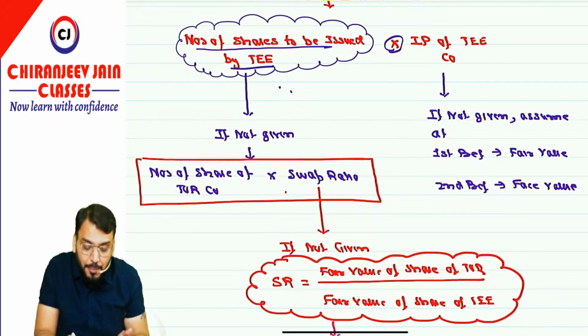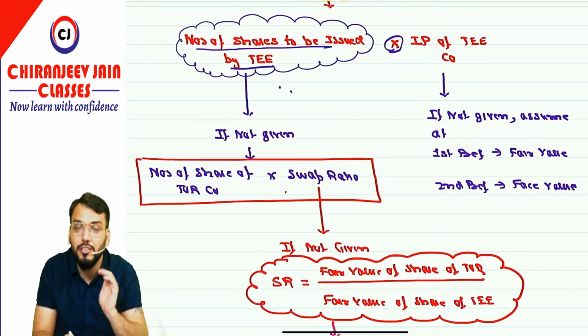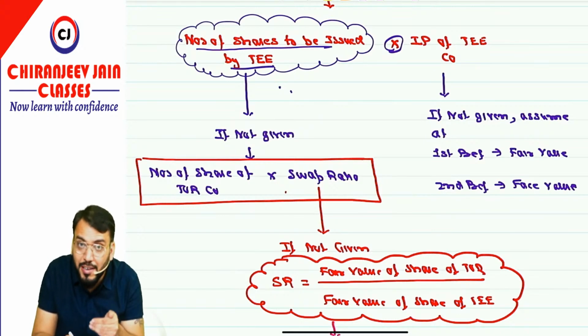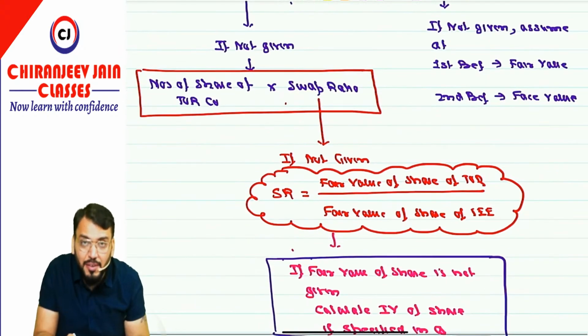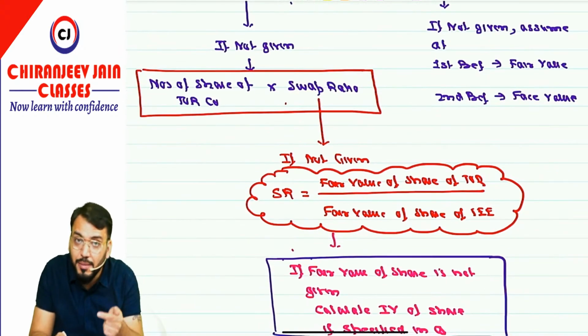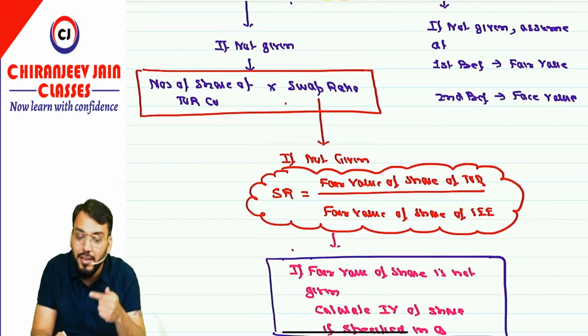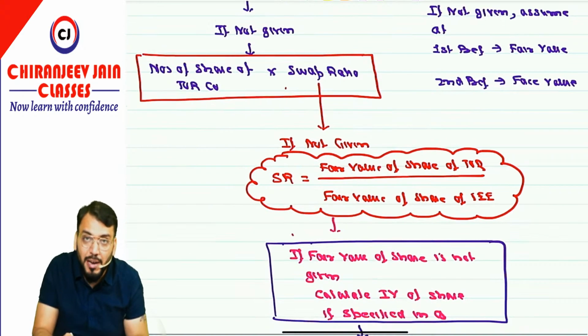Now sometimes the swap ratio is not directly given in the question. If the swap ratio is not given directly in terms of a number, then we calculate the swap ratio by using a formula.